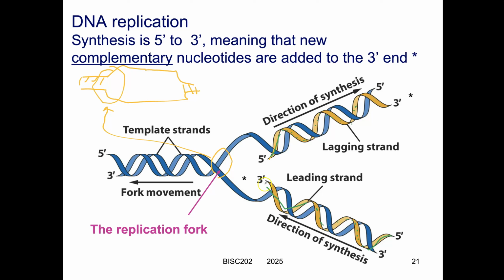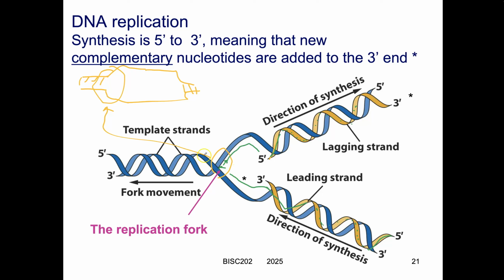Now what happens as the procedure goes on is the DNA unwinds and opens up more, and when it does, this can just keep going. This can just keep adding and adding to the 3' end. But when this opens up, it requires a new RNA primer and then adding nucleotides to the 3' end of that.